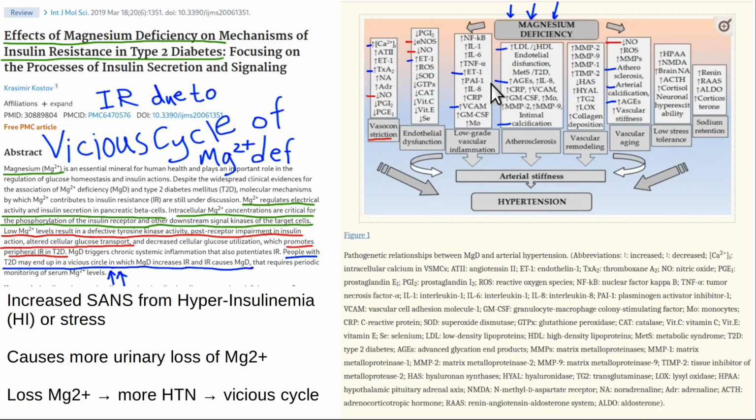This is a diagram showing all the things that need magnesium to run. There's tons and tons of biochemical pathways in your cells that need magnesium to run. When you're deficient in magnesium, which is one of the most common nutrient deficiencies in Western diets, these are the problems. Lack of potassium, lack of magnesium, and a lack of fiber. Those are the 3 big ones.